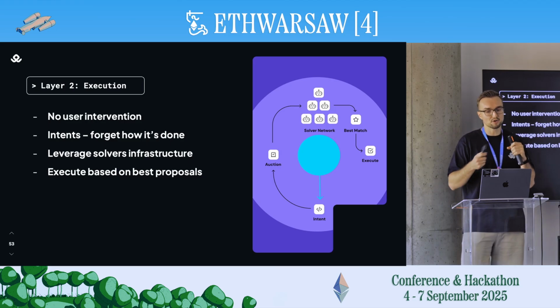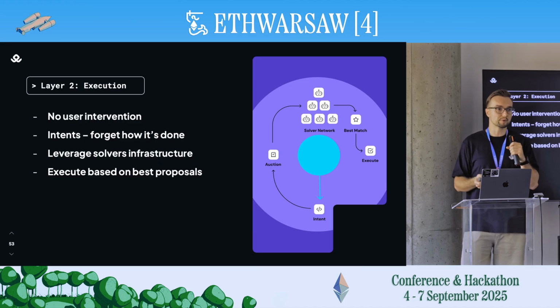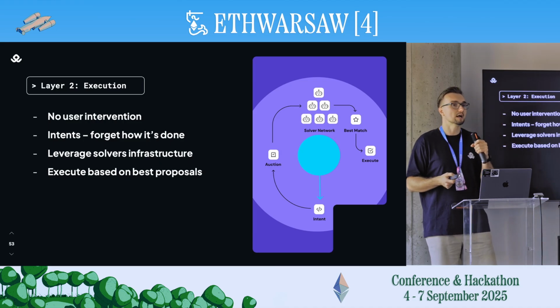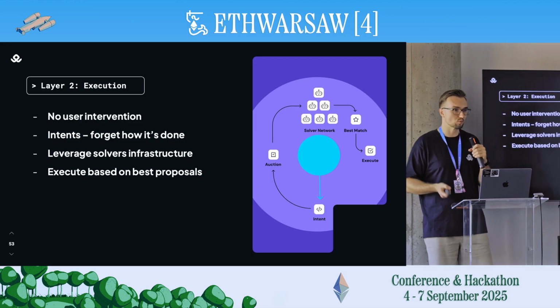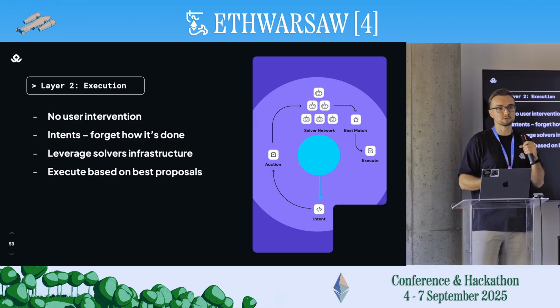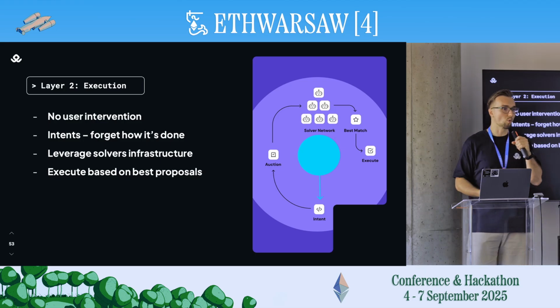The intent is being auctioned in the protocol to multiple solvers that are competing to fill it, and obviously to give you the best price, the best execution, the cheapest one, the most efficient. You as a user don't have to care if you're going to be using Uniswap or 1inch.